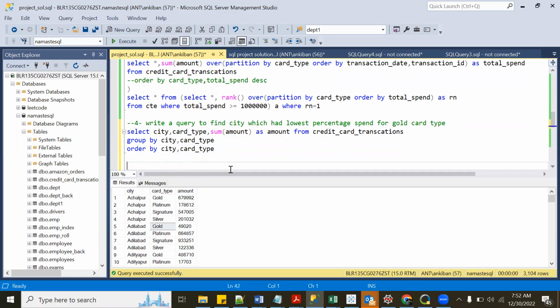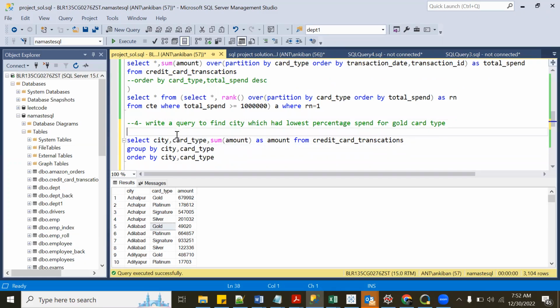So let's do this. I have found out the total sum first of all for each city and card type. Or another thing I can do is, within this city query only, I can find the spent on gold also. Let's do that first. How will we do it?